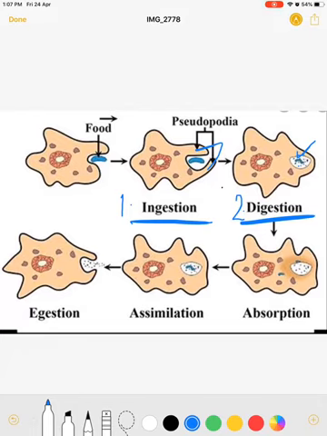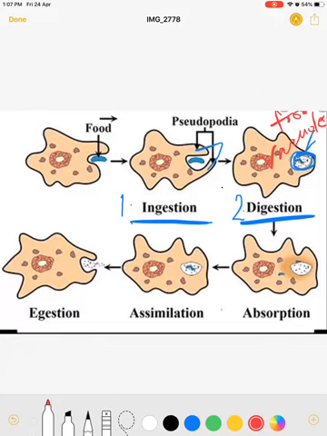Similarly, digestion of the food is the second step, which occurs in this food vacuole. Here, in the food vacuole, the digestion of the food particle occurs by secreting digestive juice.